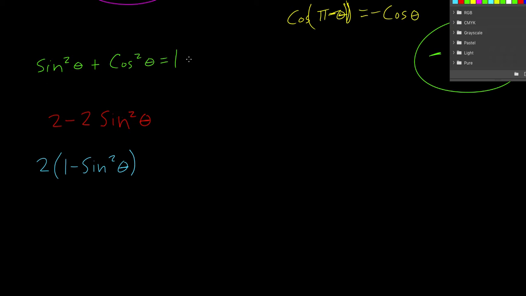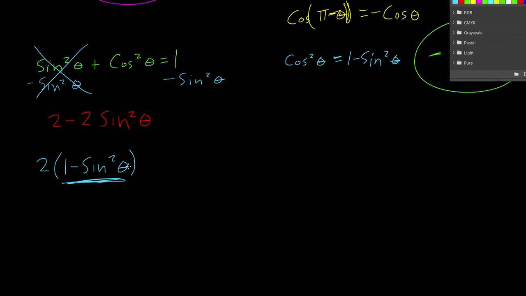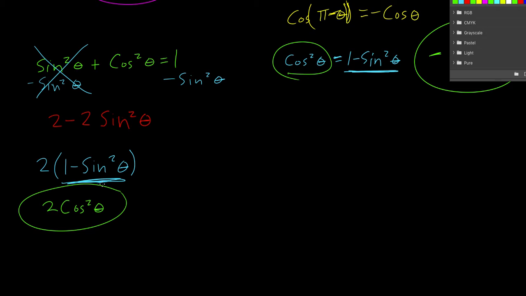Now if we take the Pythagorean identity and we subtract sine squared theta from both sides, these will cancel, and then we'll be left with cosine squared theta is equal to 1 minus sine squared theta. And see how that's exactly what we have here. And so we're going to replace it with that. So we end up with 2 cosine squared theta. And that's it for that one.